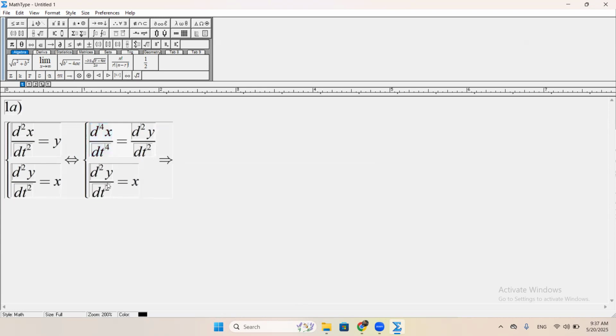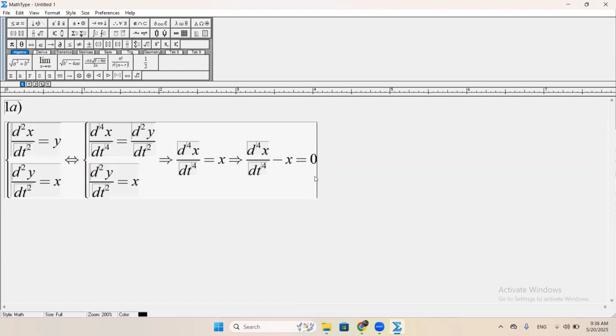If I substitute this derivative instead of the derivative for y, I receive the following equation. And let me move everything to the left part. So I received the fourth derivative of x minus x equals 0.